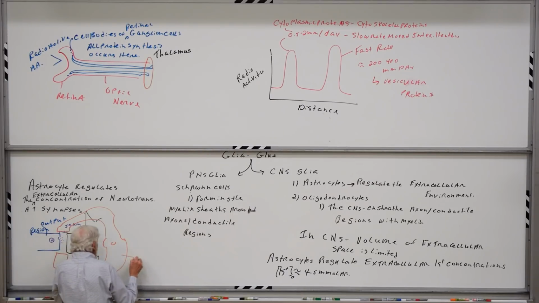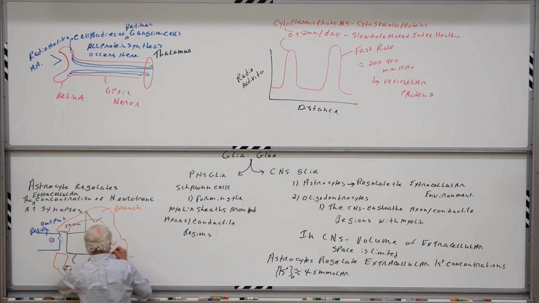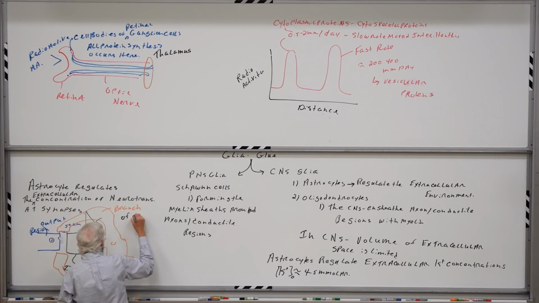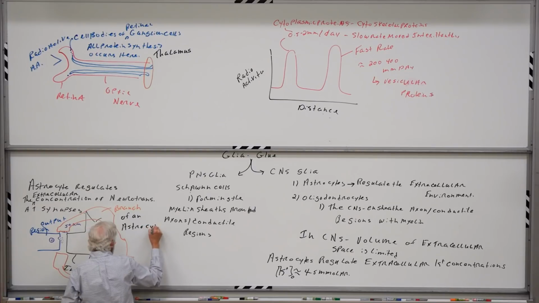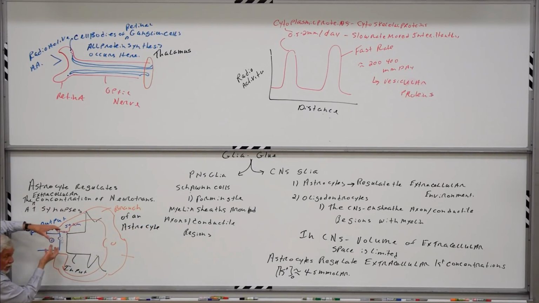This cell is meant to represent a branch of an astrocyte. So this synaptic site, between the presynaptic cell and the postsynaptic cell, the releasing cell and the receiving cell, that entire volume is now wrapped by this astrocyte.